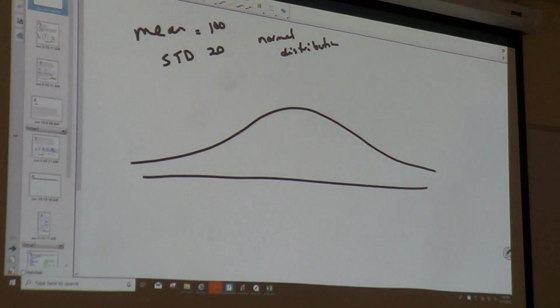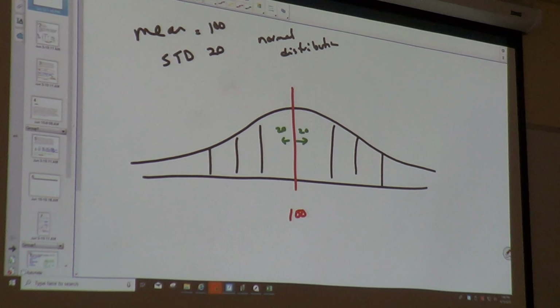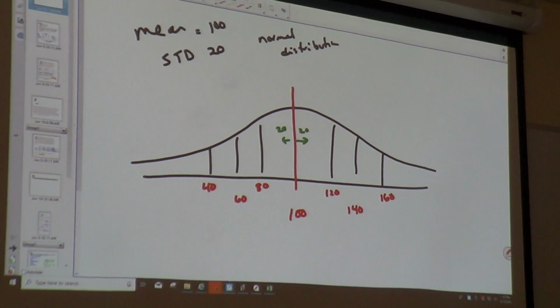Normal distribution with a mean of 100, a standard deviation of 20. I'm going to go ahead and do 3 to the right and 3 to the left. So I'm going to do 120, 140, and 160. I added 20, 20, and 20. And then I'm going to subtract 20, subtract 20, and subtract 20. That's what we've been doing all along. Cool?